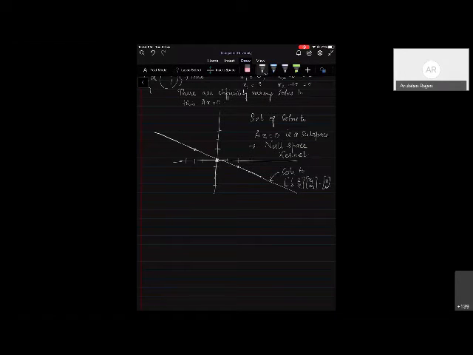Now, what does this null space do? Null space says, you take any point on this line, and if you apply the transformation A to it, it transforms everything to the 0 vector. You do whatever you want, anything that you do goes to 0.